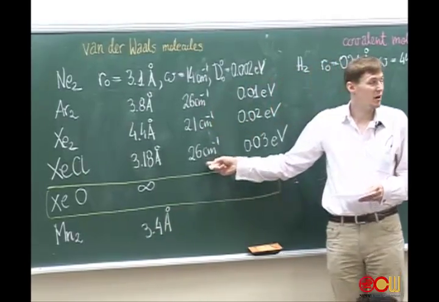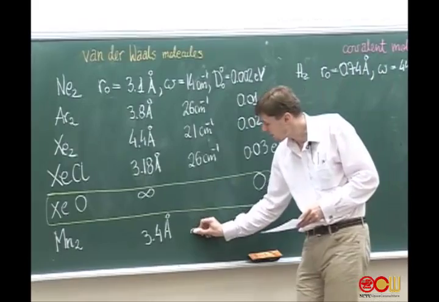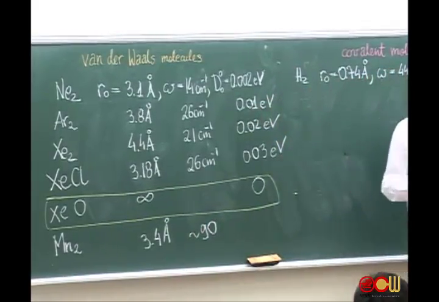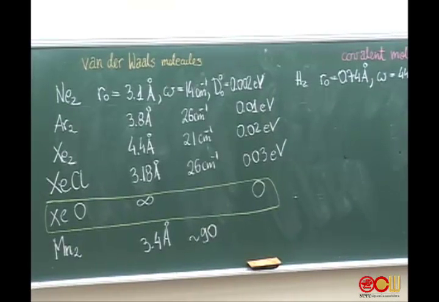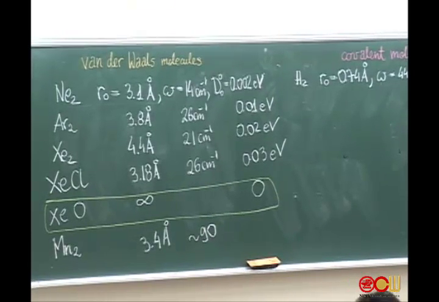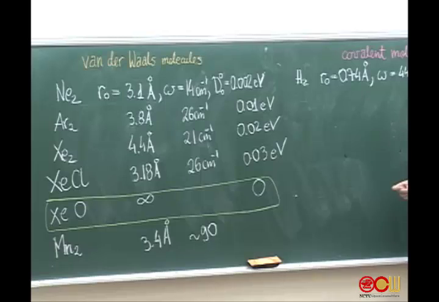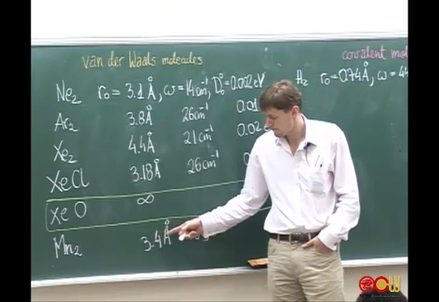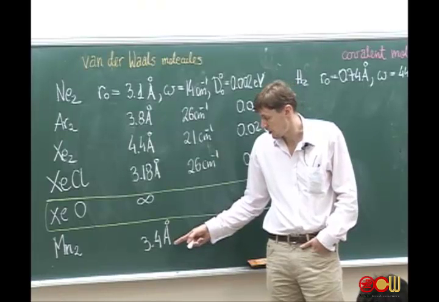I don't remember what this one is, but it's around 90 wave numbers. I don't remember that one at all. But still, you see that this is rather small and this is very long.